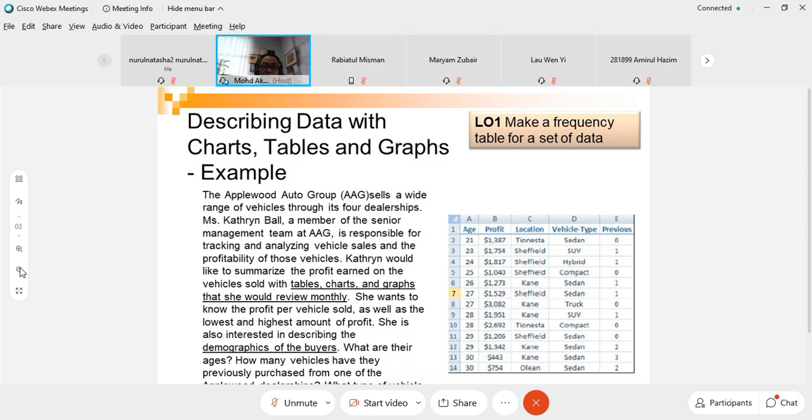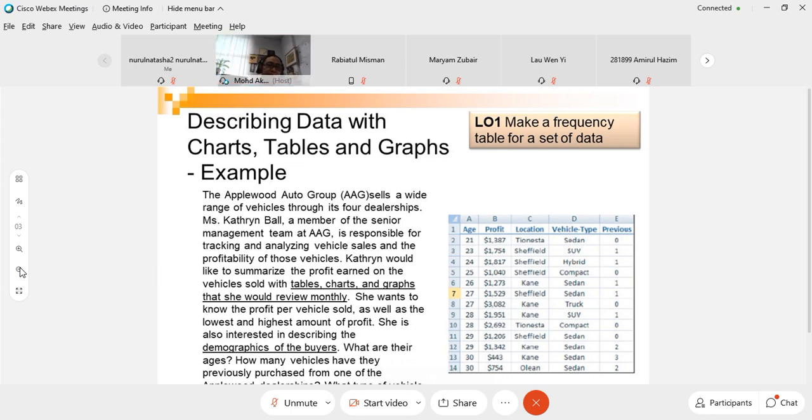Then kita ada location, kita ada vehicle type, dan kita ada previous history of customer purchase. So kita ada 5 type of data. Okay, sekarang data ni sebenarnya kita ada 180. Pertama sekali daripada data ni kita akan develop frequency table.